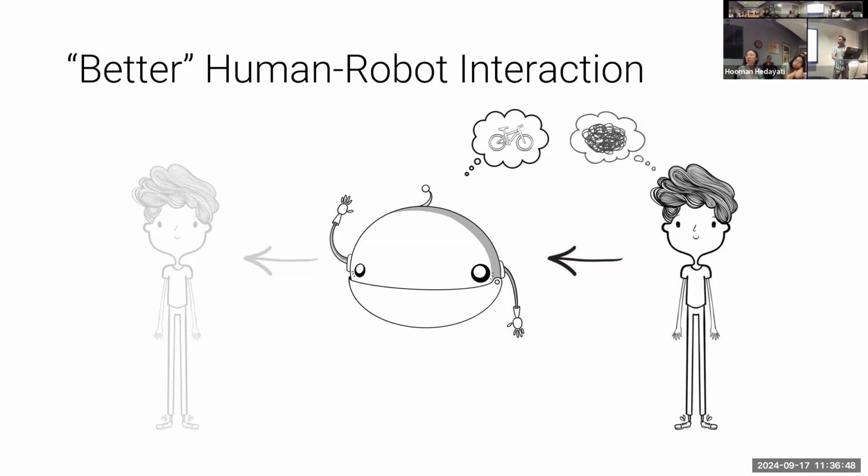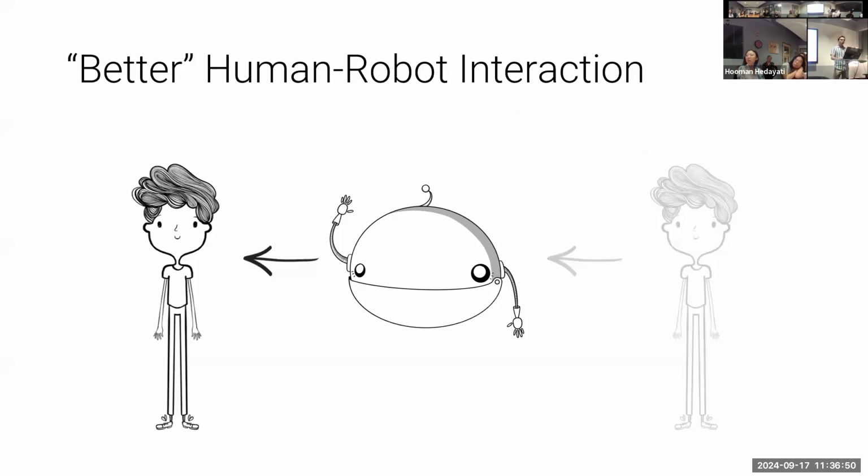We also want to design robots that can communicate information in a way that the co-located human can understand quickly and easily.